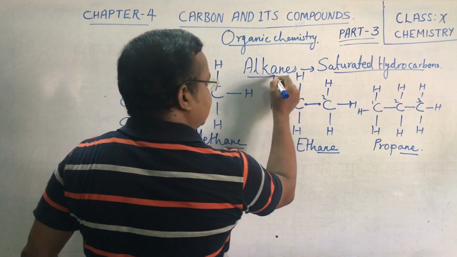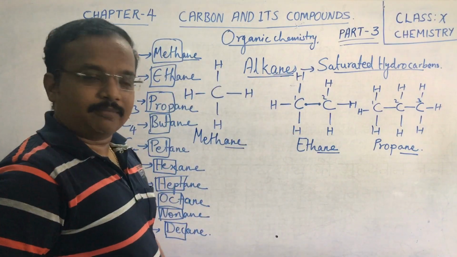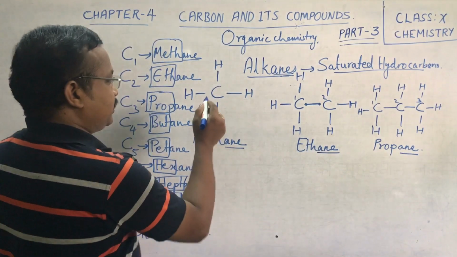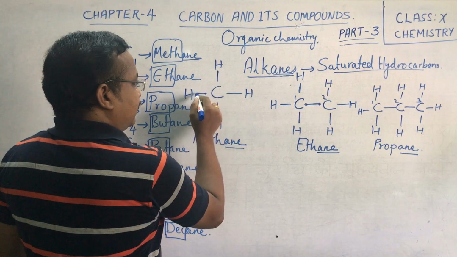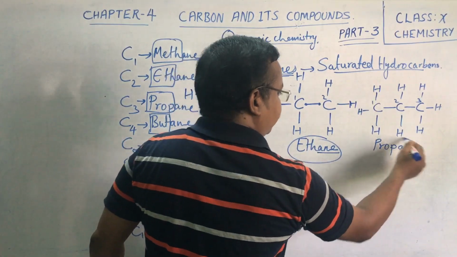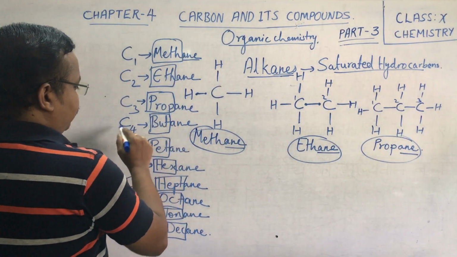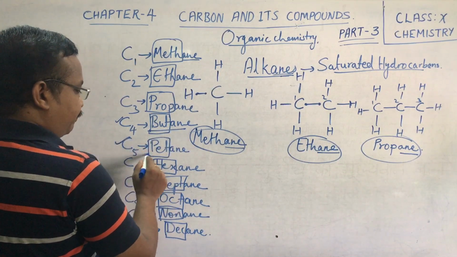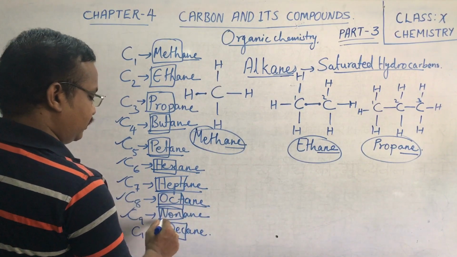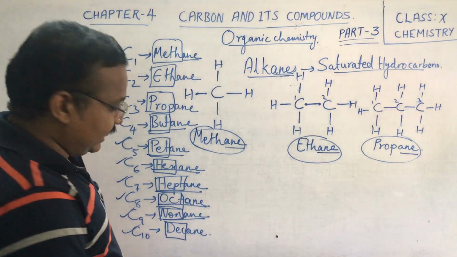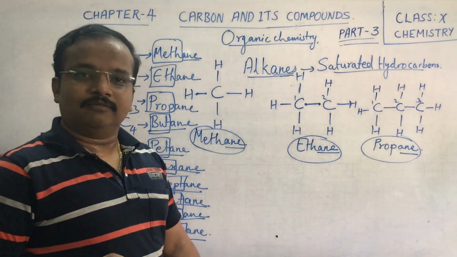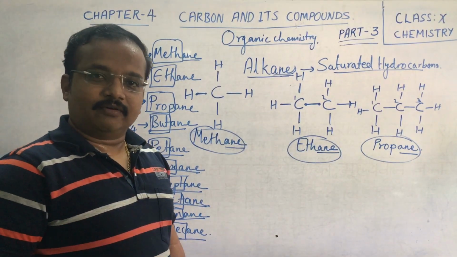Remember, alkanes are saturated hydrocarbons formed when carbon combines with hydrogen atoms. The first carbon forms methane, the second ethane, third propane, then 4 carbon atoms form butane, C5 pentane, C6 hexane, C7 heptane, C8 octane, C9 nonane, and C10 is decane. C11 and C12 are also there, but we need to study till 10 only for the timing. The rest we will study in higher classes.